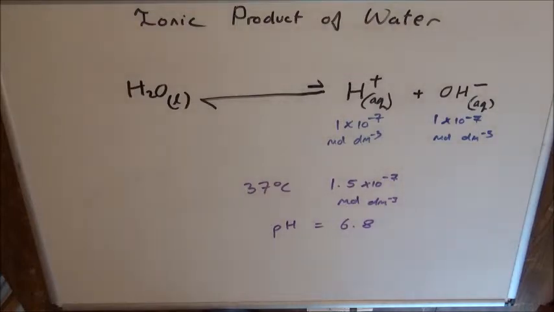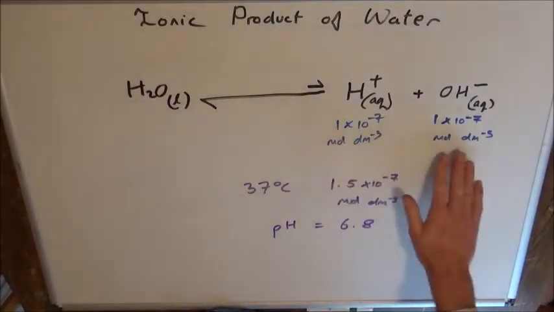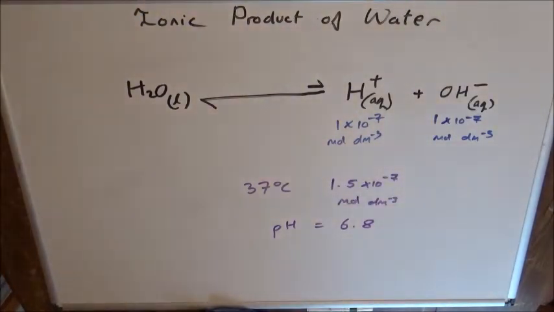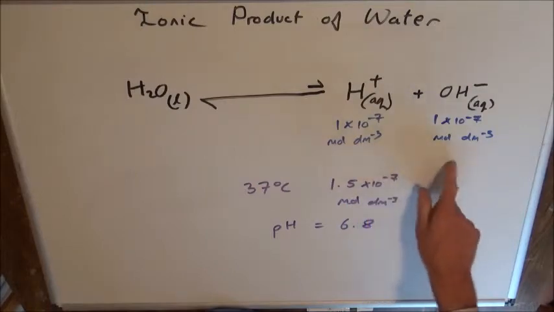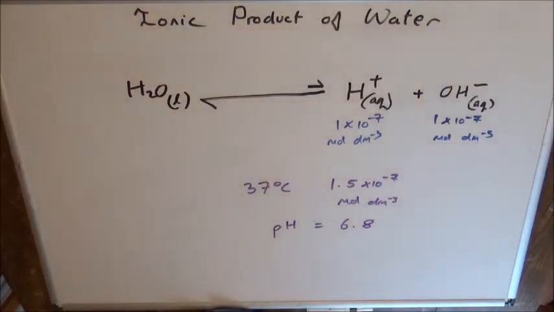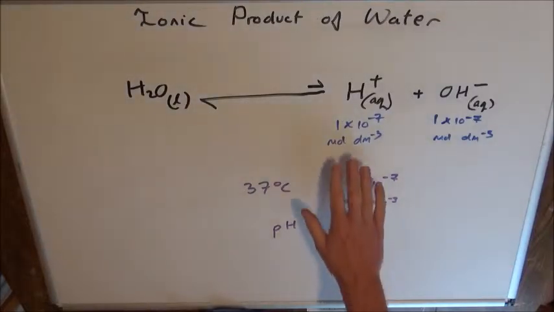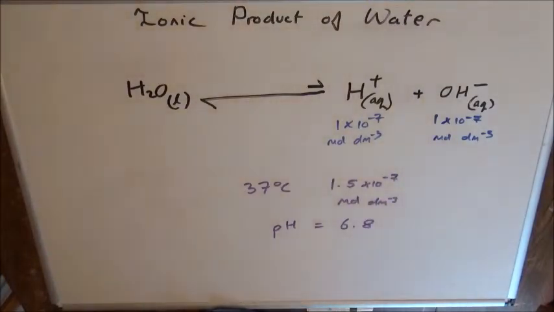So when we say a solution is neutral, we mean an equal concentration of H plus ions and hydroxide ions. But neutral pH is 7 only at 25 degrees C. At body temperature, neutral pH is pH 6.8. At pH 6.8 we have equal concentrations of these, which just happens to be a bit higher. Similarly, at a lower temperature you have lower concentrations of these and a higher pH.